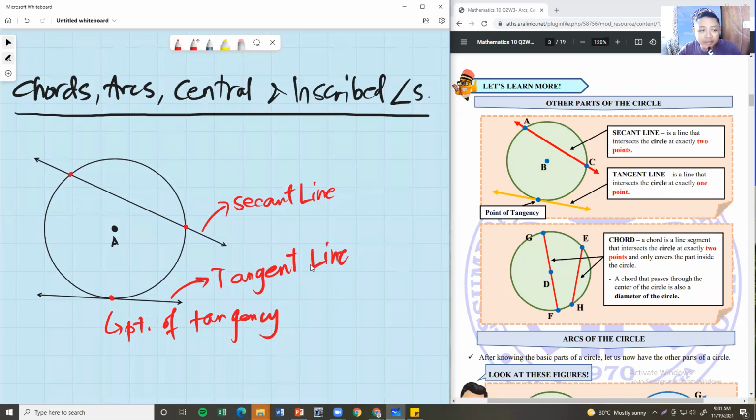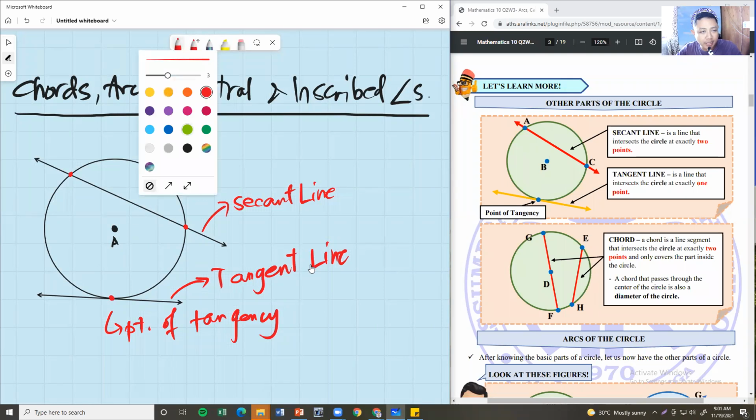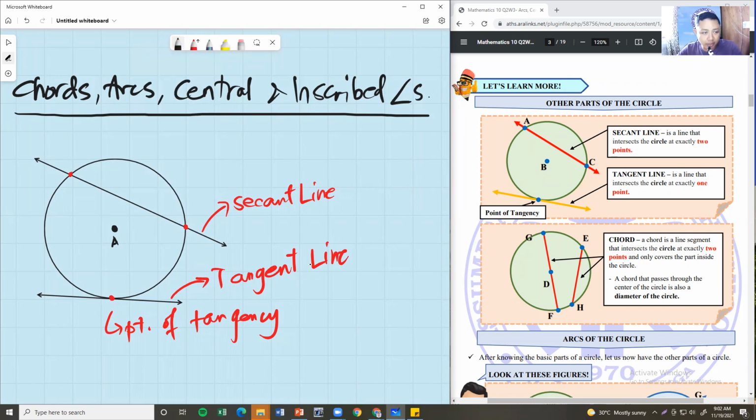By the way, if we put letters here, we can name the secant line and tangent line by using symbols as well. If this is circle A, this is point B, this is point C, and this is point D, the secant line can be renamed as line BC, or it could also be line CB.